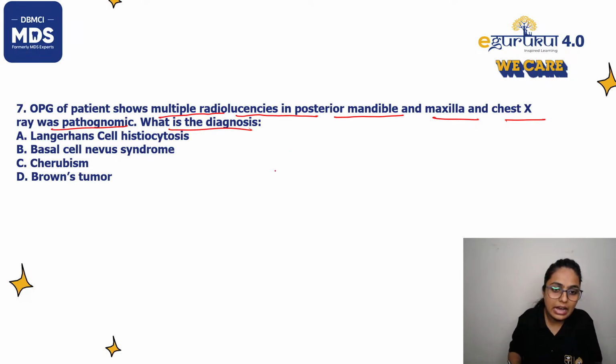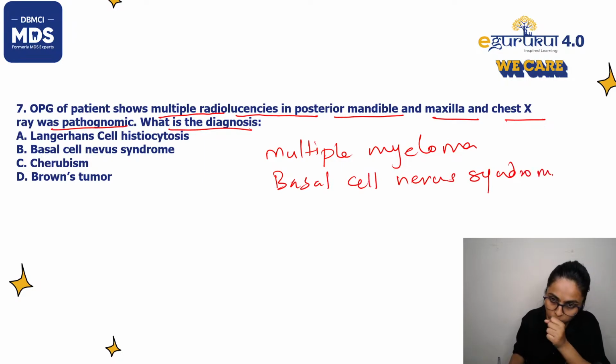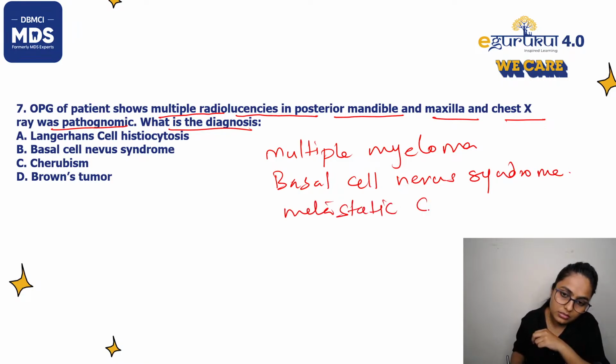So first we have a list of entities: multiple myeloma. Second one is basal cell nevus syndrome. Next we have metastatic carcinoma.